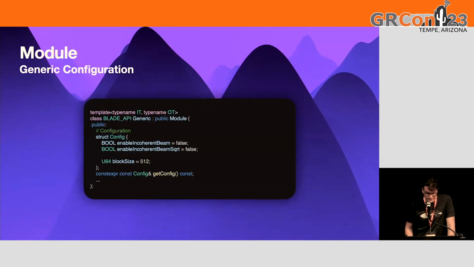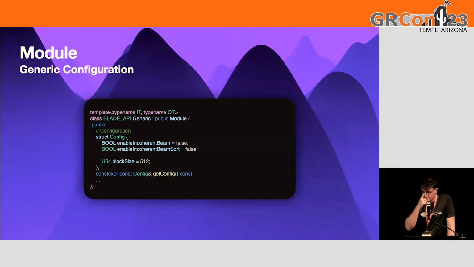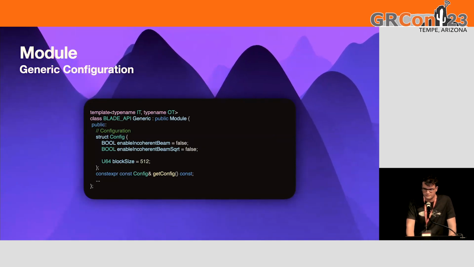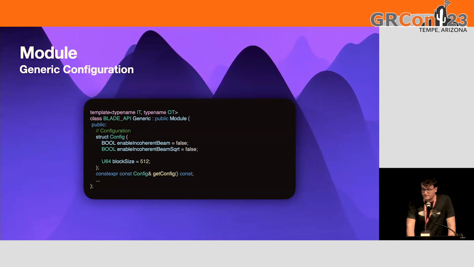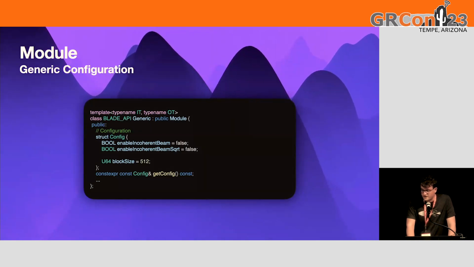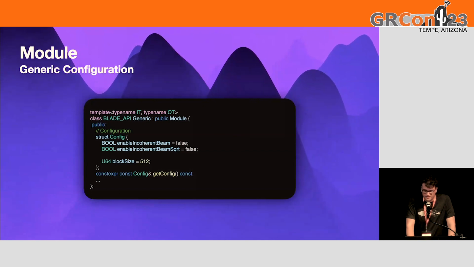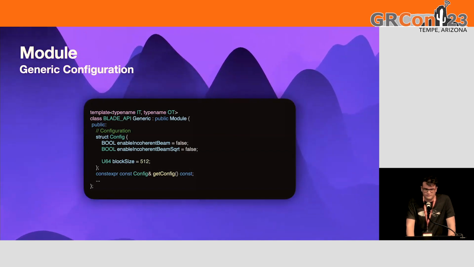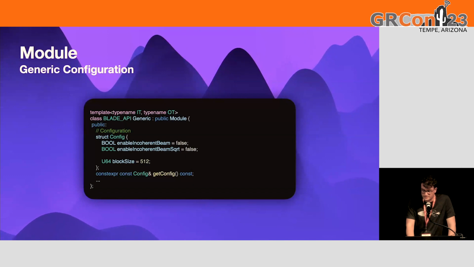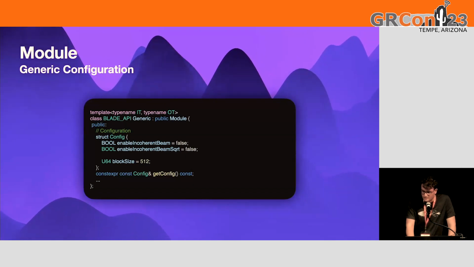So this is an example of the config struct. It's just C++ with some flags and also numbers. We have the phaser. The phaser configuration module has like 20 parameters.